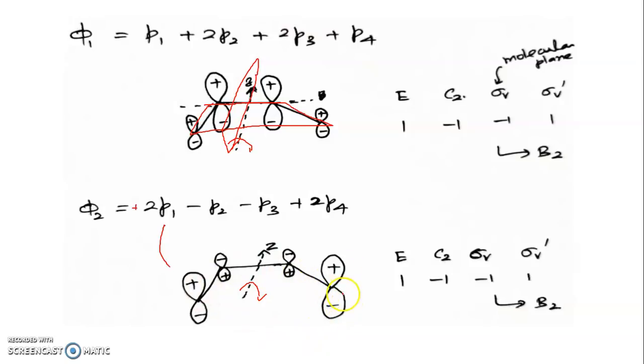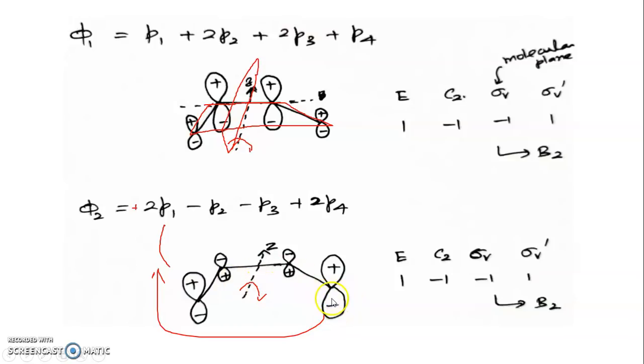When you rotate this, the lobe which is carrying negative sign will go up. But before rotation, this lobe has positive sign. After rotation, this orbital will go here and this orbital will come here, and here this lobe has negative sign.